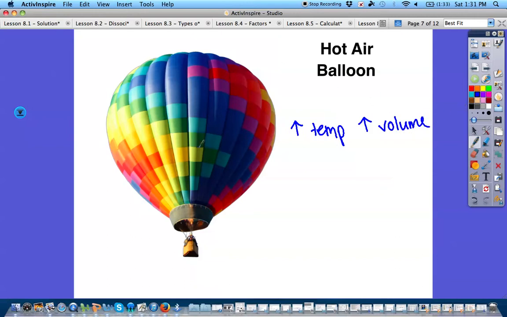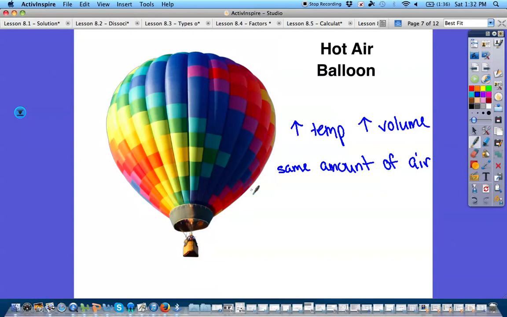It's a flexible container, so it's going to increase the volume of that balloon. It's the same amount of air, though. That is important. Same amount of air or gas. So it's just causing the volume of that amount of air to increase.